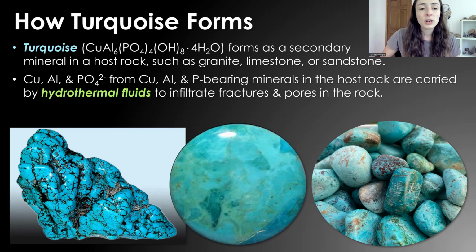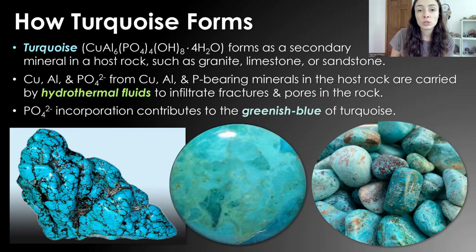Again, this hydrothermal process is very similar to the others we've already discussed in this video, where basically these ions, in the case of turquoise, the copper, aluminum, and phosphate ions, are carried by hydrothermal fluids within fractures and pores in rocks, and it precipitates out or deposits out of the solution as turquoise.